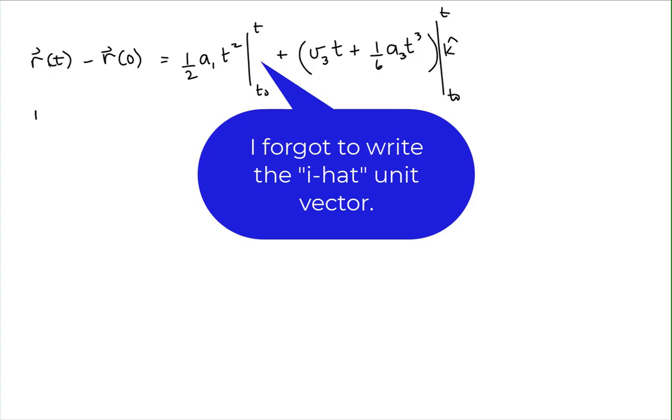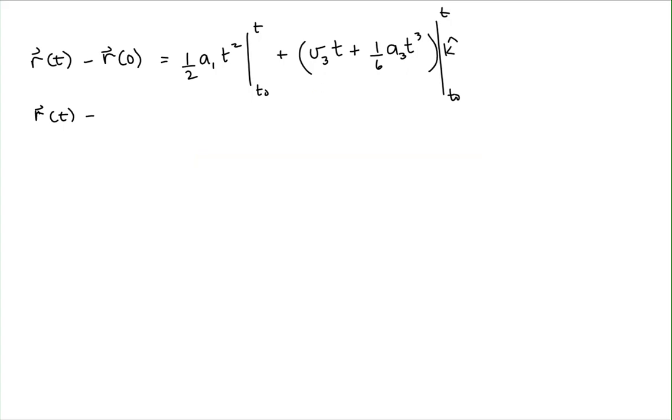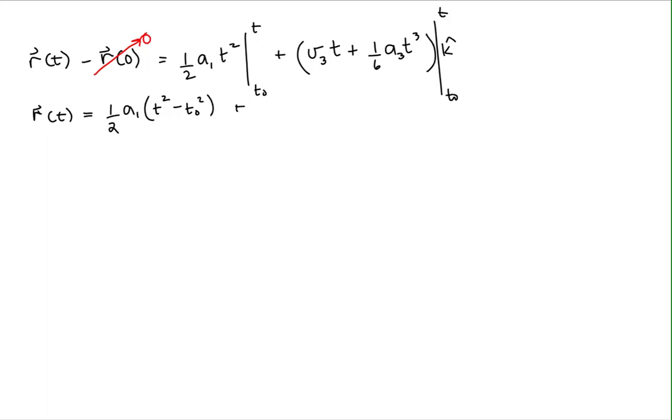So we're almost there. We have our position vector minus our position at time t equals 0, but remember, we were given the position at time t equals 0. The position was equal to 0. So the left side is just our position function, and the right side becomes 1/2 a1 t squared minus t naught squared plus, I'm going to move this down a little bit to give ourselves a little more room.